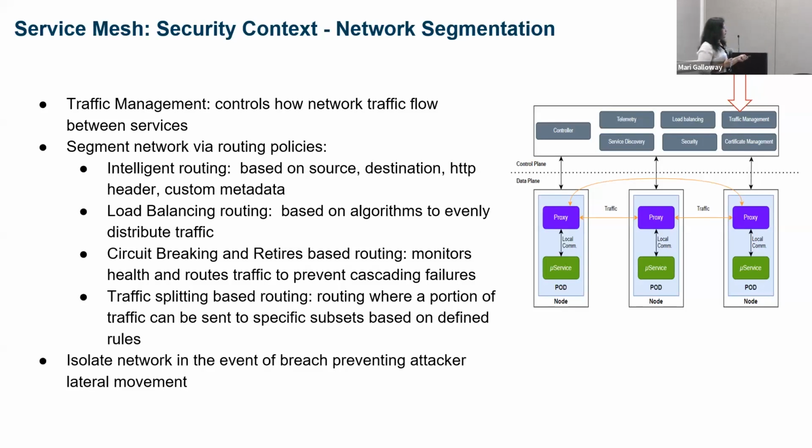So you can prevent attacker lateral movement by using this traffic splitting based routing methodology. These are all options available in the traffic management feature of the service mesh, and there is no restriction on which one you can choose. You can mix and match or choose whichever works for your environment.